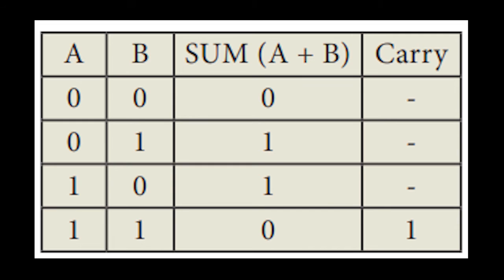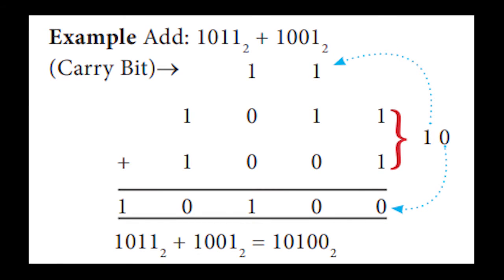The carry bit is added with the previous position of the bit pattern. If you are having 4 digits, and the last digits are 1 and 1, when you add 1 and 1, we'll put 0 down and 1 will be placed as a carry in the previous digit, and it will be added along with the previous digit. Let's see an example so you'll get a clear idea. Now we are going to add 1011 and 1001.